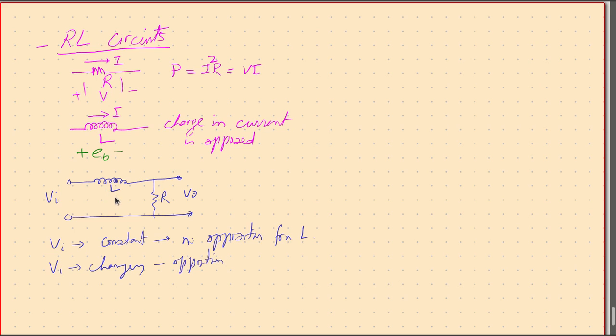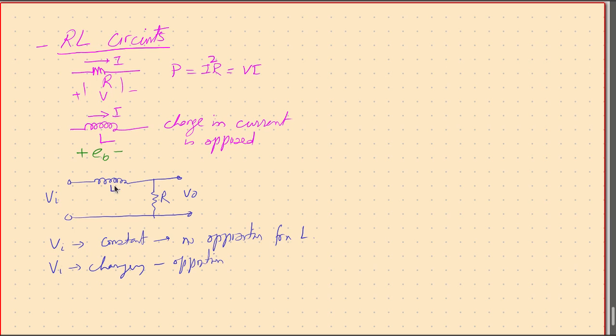If it is changing slowly, then the opposition will be low, and if it is changing rapidly, there will be higher opposition. So this will allow the current to flow as long as the variation is low.